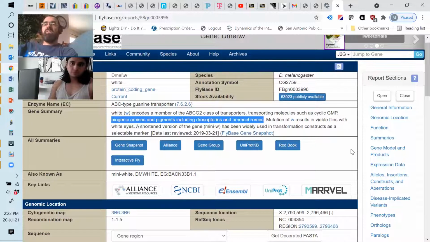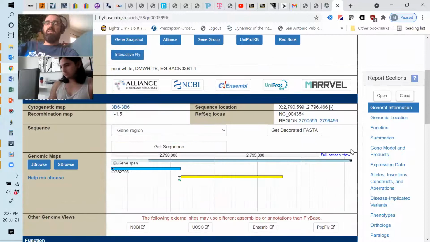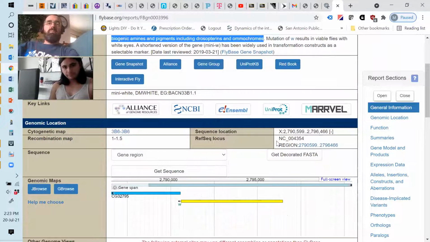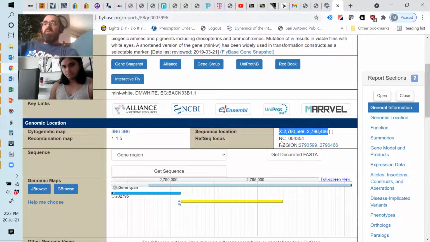Right. So this is how you start digging into the information that's already available for a particular gene, right? This is the preliminary step, essentially. And then when you wander through it, you're going to get some information about the gene itself, right? This is where it's at in the genome, right? And so that's the chromosome that it's on, X in this case, because it's X-linked. We already know that.